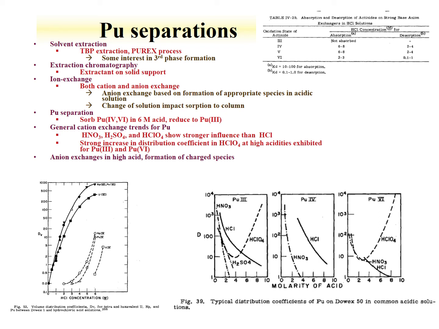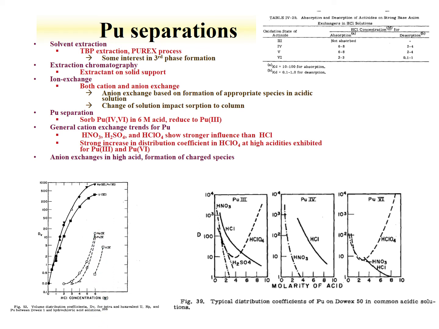Another example is shown here where we have some of the different plutonium oxidation states. The plutonium-6 has very high sorption on this Dowex resin, which is an anion exchange resin, whereas the 4 also has relatively good sorption properties, but less than the 6.